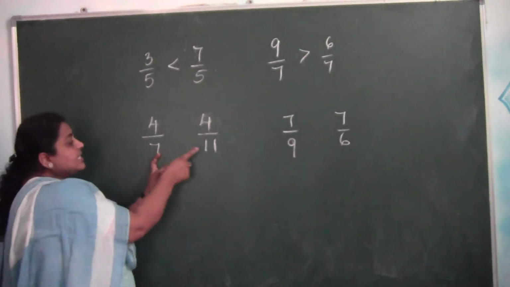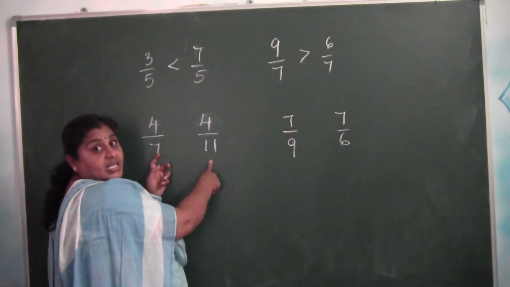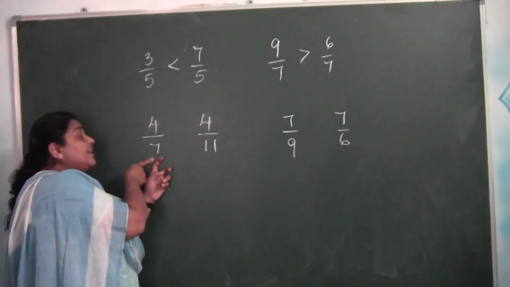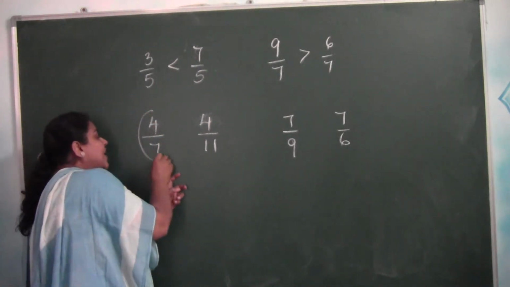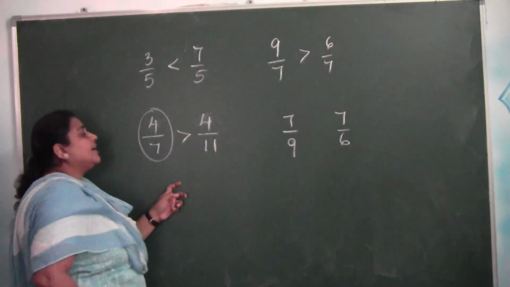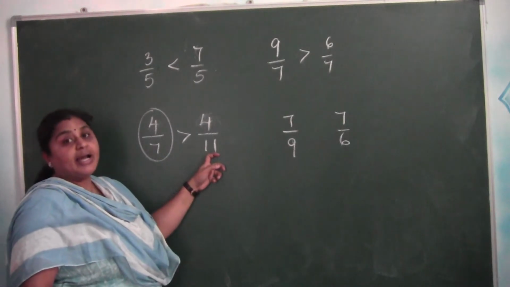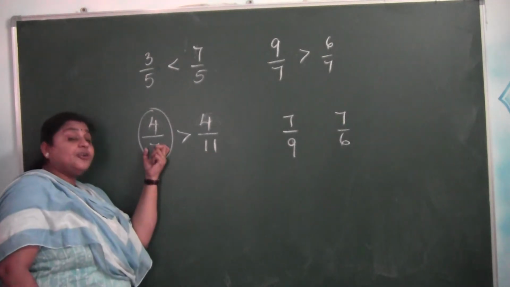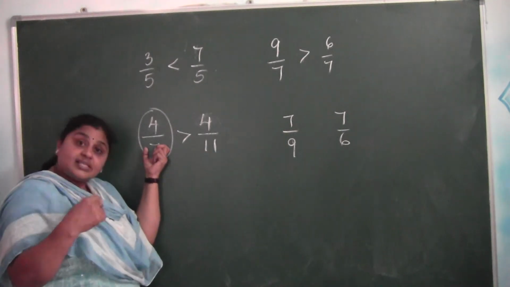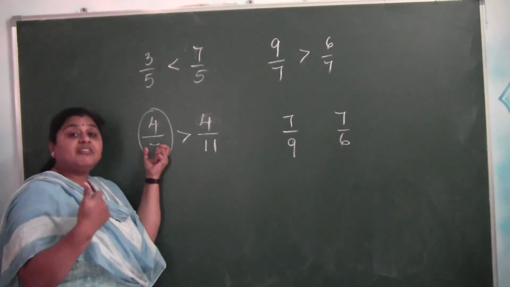See, 7 is less than 11 and the numerators are the same. But when 7 is less, it means this fraction is greater. So 4 by 7 is greater than 4 by 11. The less the denominator, the more the fraction.